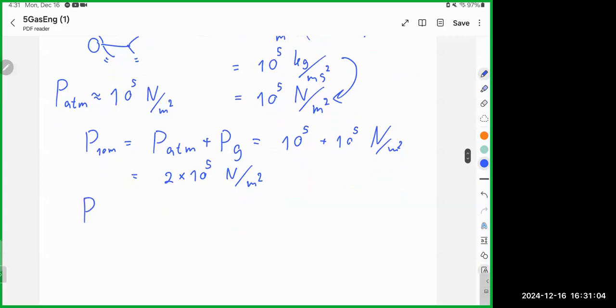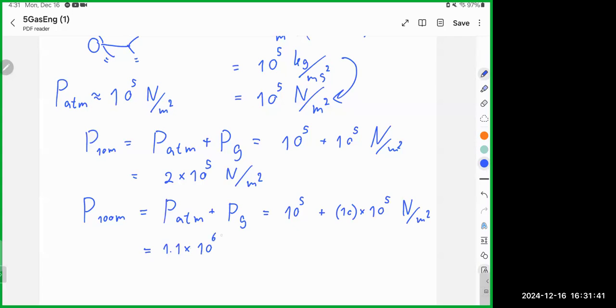Just imagine that if you are at a depth around 100 meters, it would be equal to P ATM plus P gauge. But because you already know that the P gauge will increase 1 atm every 10 meters, in this case the answer is 1.1 times 10^6 Newton per meter square.